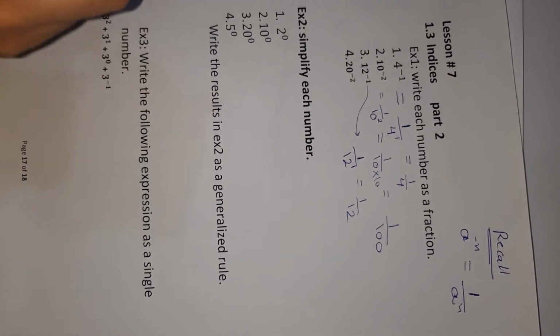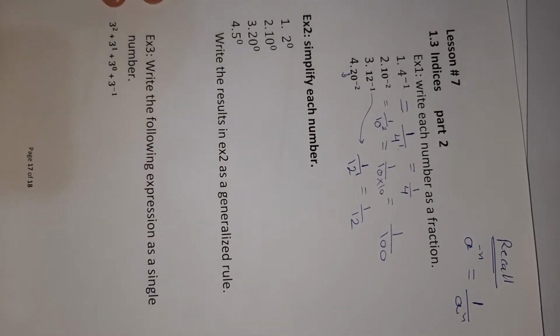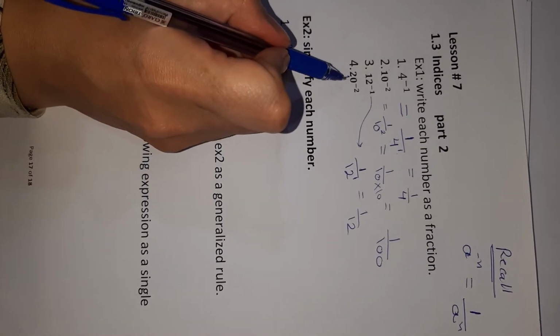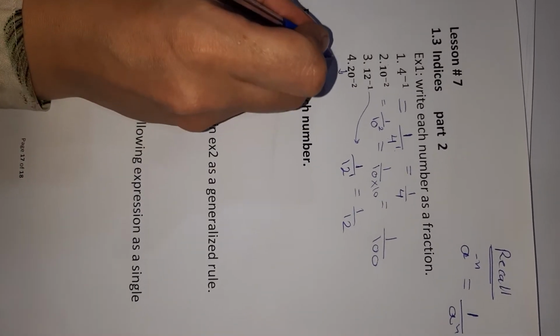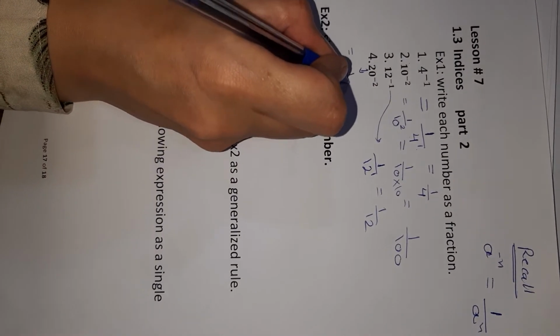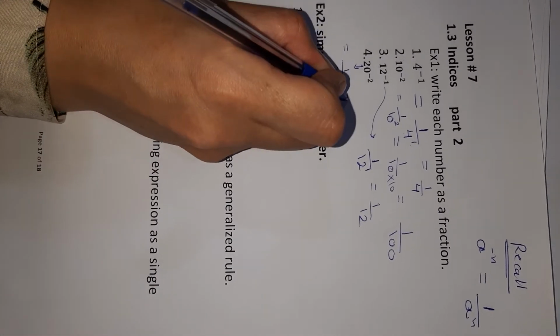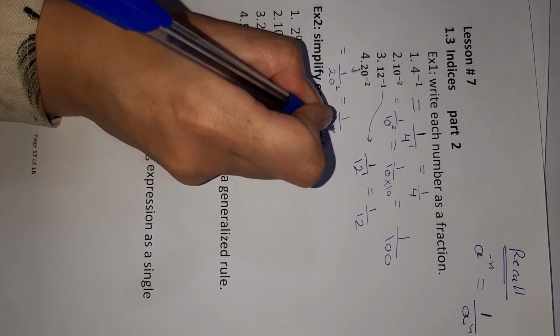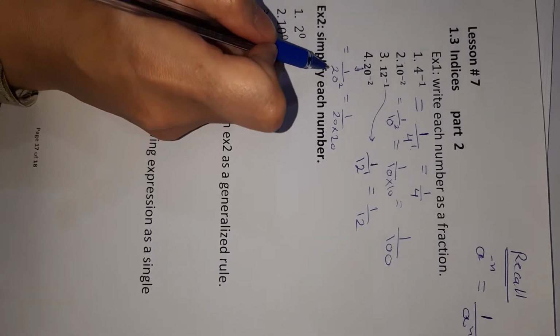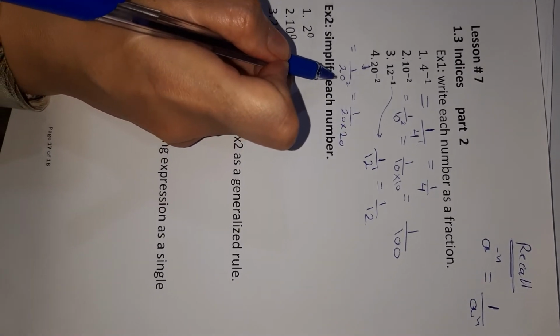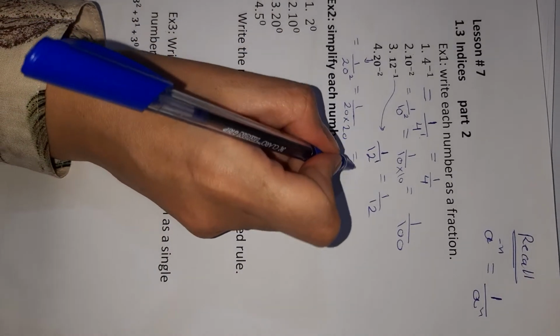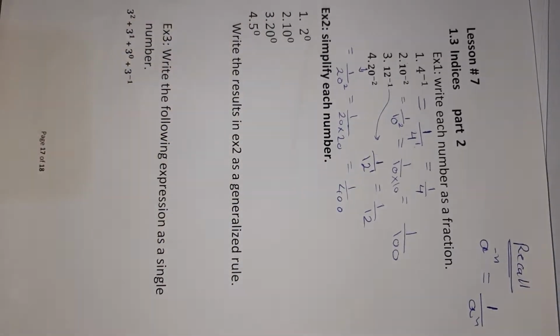The last one, 20 to the power of negative 2 means 1 over 20 squared. 20 squared, or 20 to the power 2, means 20 times 20, which is 1 out of 400.